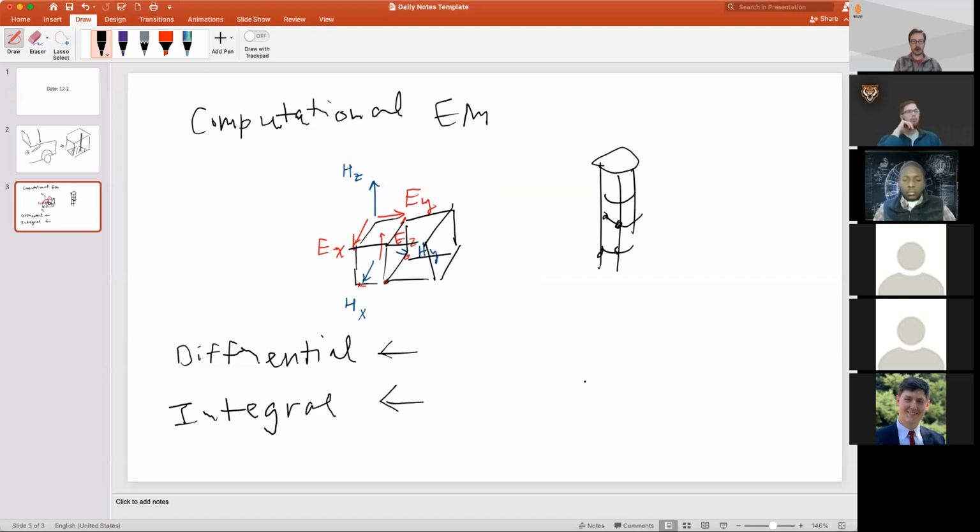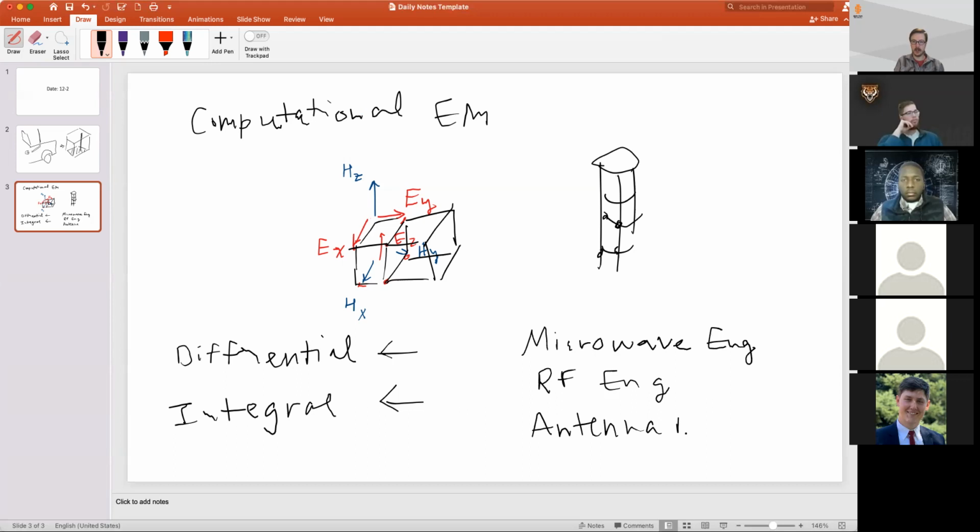And so that's kind of more like building those types of things and simulating them, measuring them, doing that type of design is more of like microwave engineering. Or RF engineering. Or antenna design engineering.